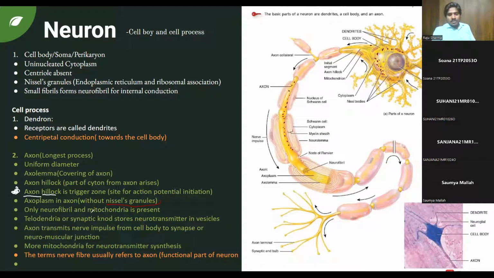Why mitochondria? Because it is needed for the proper conduction of the action potential and for the generation and for the movement of what, for the movement of neurotransmitter chemicals.